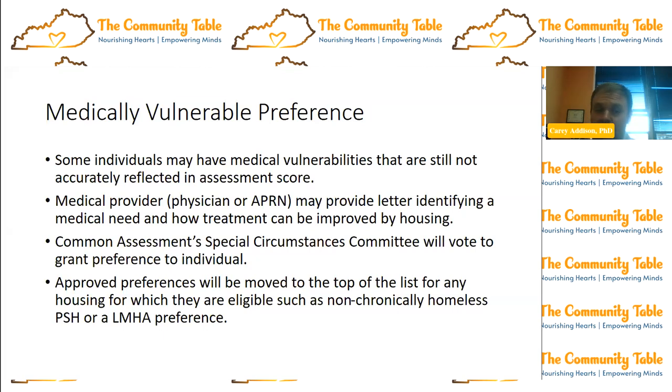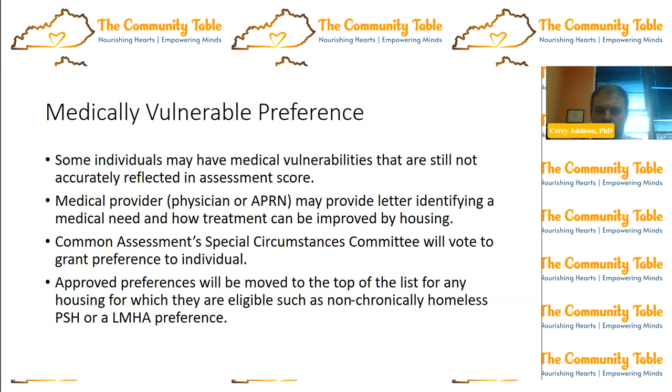They may be homeless because of their medical condition. They may have been newly diagnosed with that, and they're no longer able to work or maintain housing on their own. But they don't have the behavioral health issues or the history of homelessness that would make them rank highly on the assessment like other individuals that they're essentially competing with.